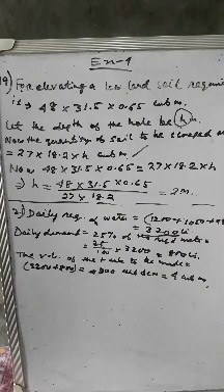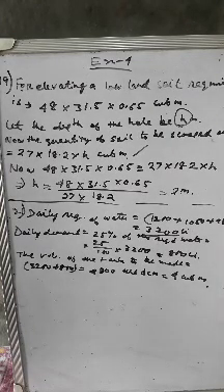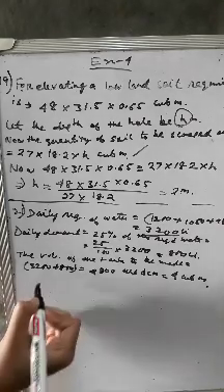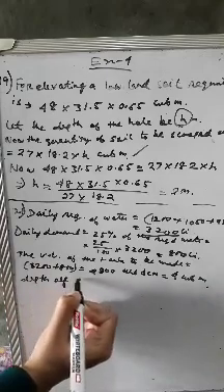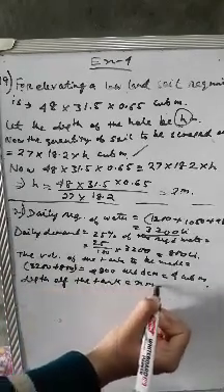Alright. Now students, the length and the breadth of the tank are given. So let us assume the depth of the tank to be x meter. Then what can we write? Depth of the tank equals x meter, say.